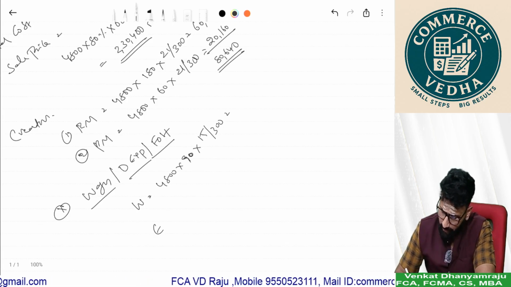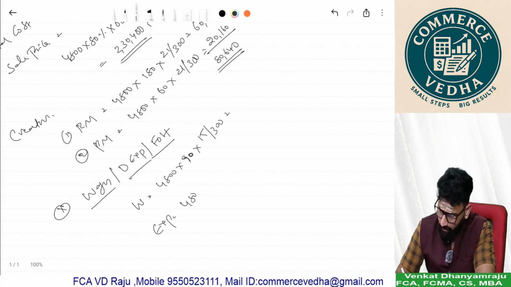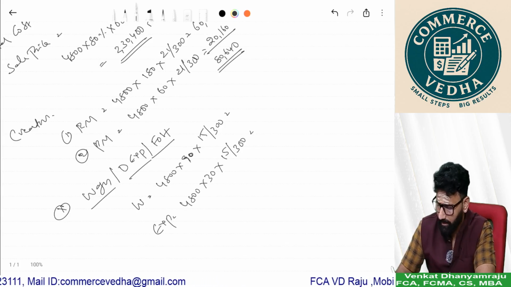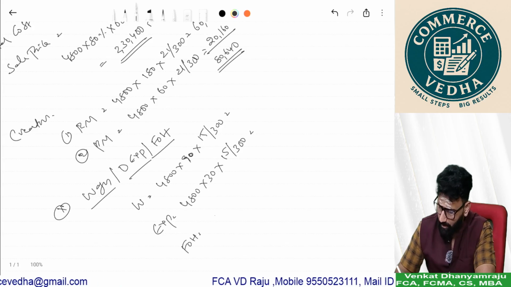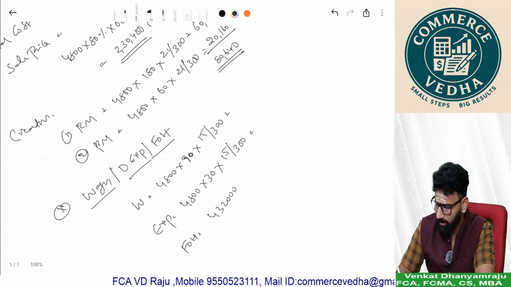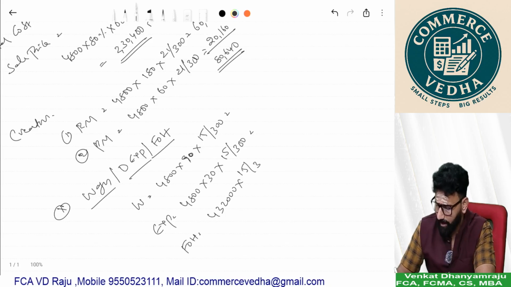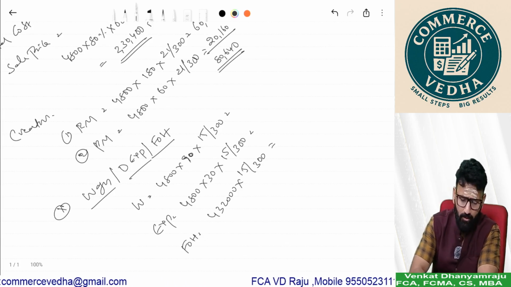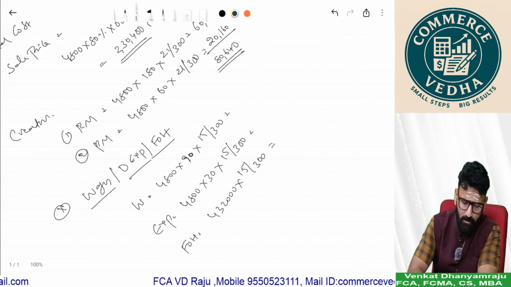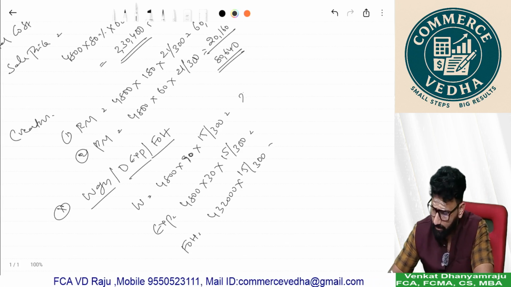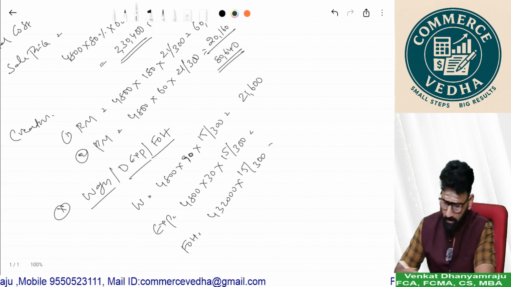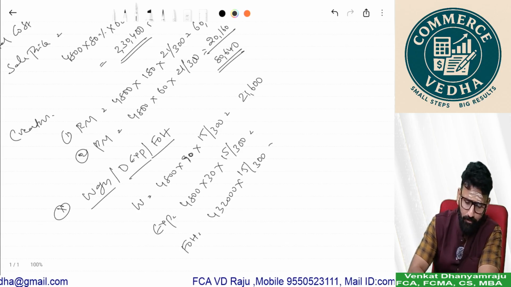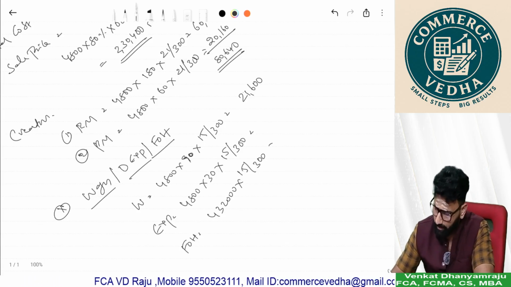Wages 4,800 into 90 into 15 by 300, 21,600. Expense 4,800 into 30 into 15 by 300, 7,200.